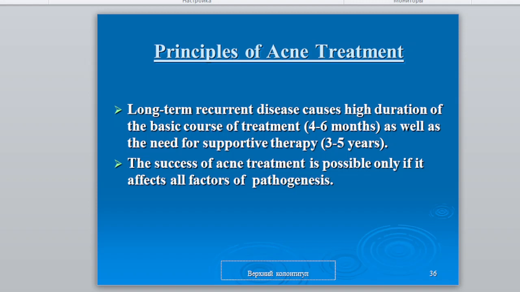Next, principles of acne treatment. Long-term recurrent disease causes high duration of the basic course of treatment, 4 to 6 months, as well as the need for supportive therapy, 3 to 5 years. The success of acne treatment is possible only if it affects all factors of pathogenesis.